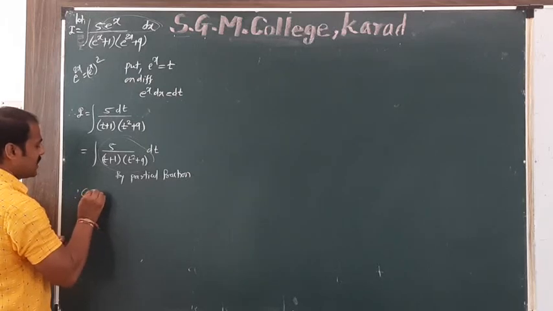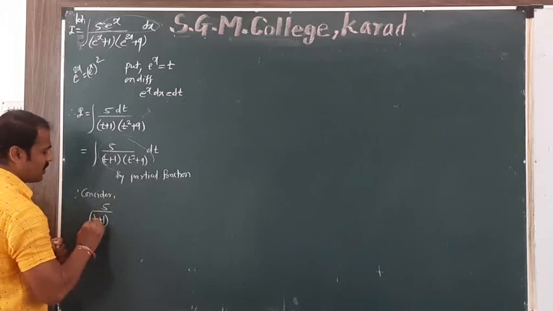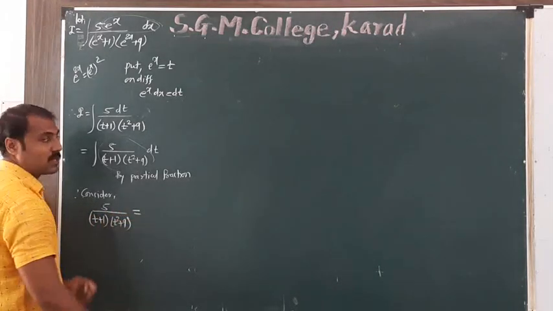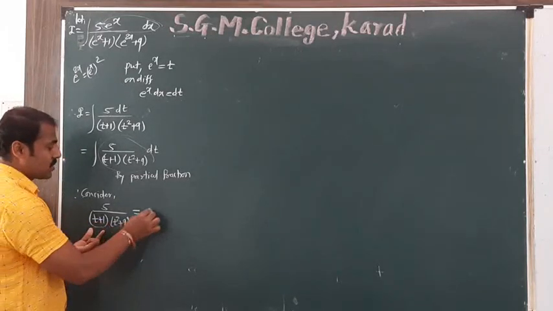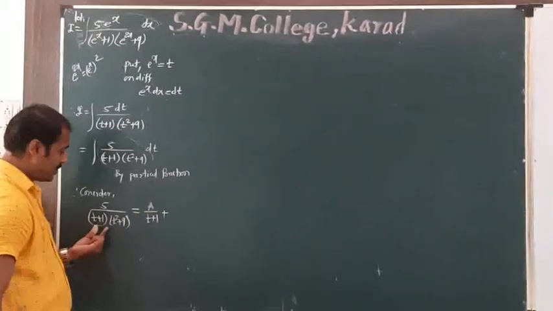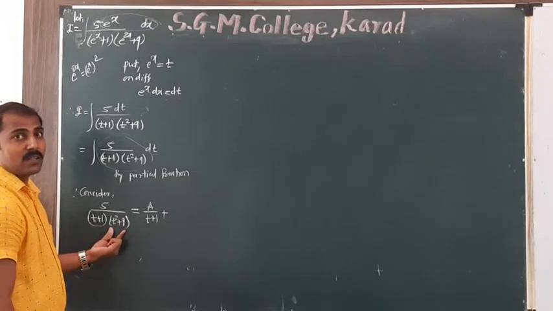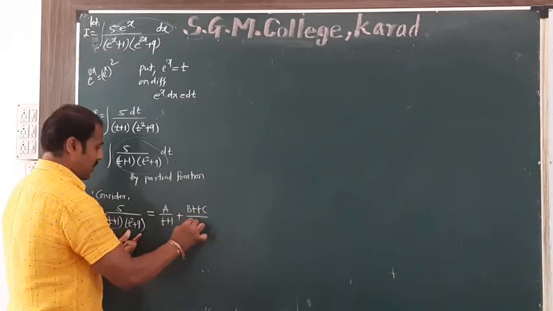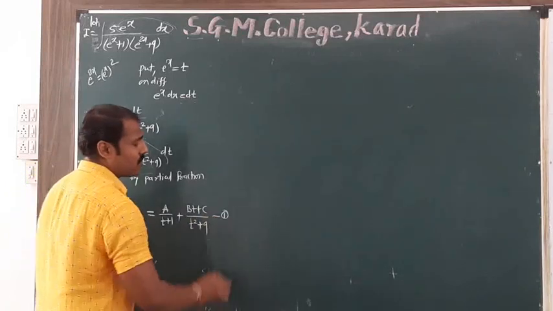Therefore we consider 5 divided by t plus 1 into t square plus 9 is equal to a divided by t plus 1, since here is a linear factor, and for the quadratic factor, in the numerator there is the term bt plus c divided by t square plus 9, which is our equation number first.